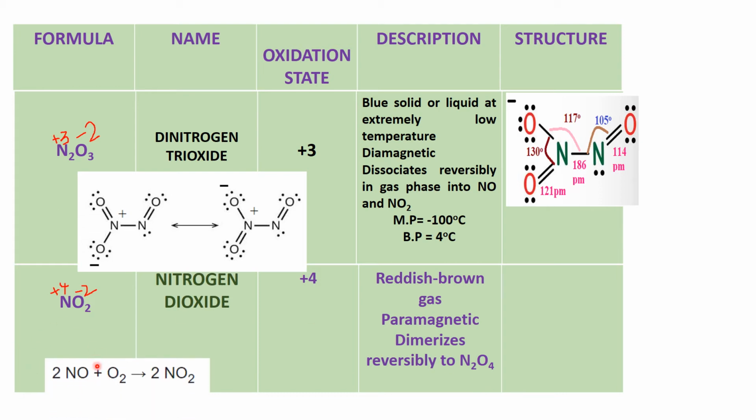Nitrogen dioxide can be prepared when nitric oxide reacts with oxygen. It has a planar angular or planar bent structure, O-N-O, with a bond angle of 134.3 degree and a bond length of about 119.7 picometer. In some textbooks it is approximated as 120 degree.